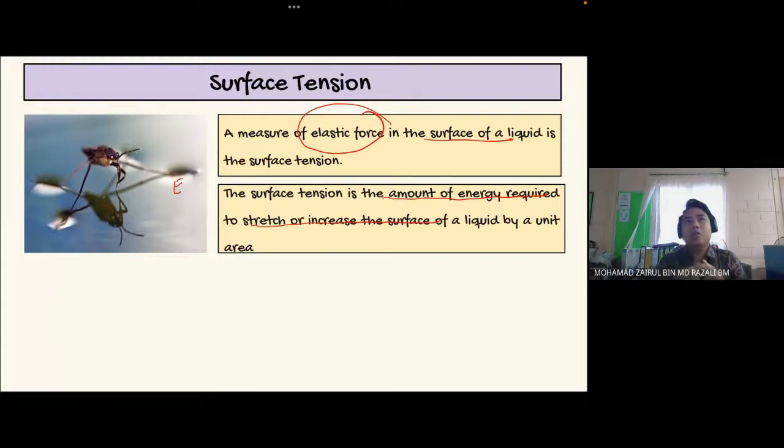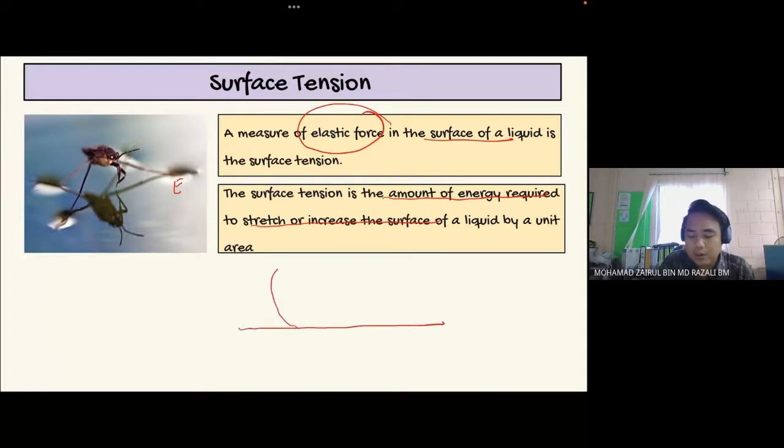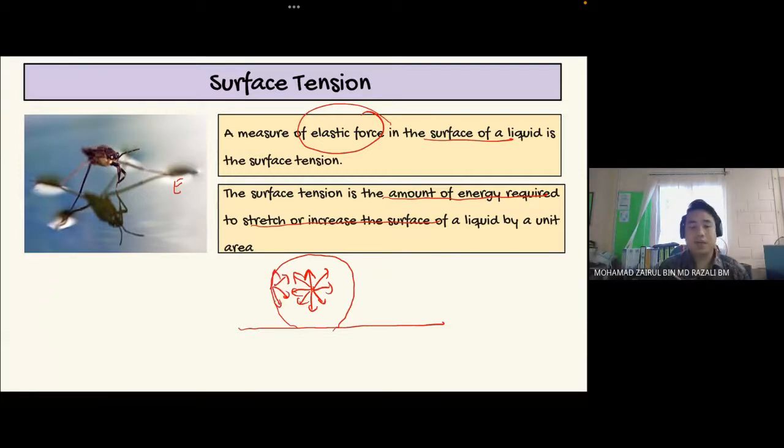Lagi satu, kalau awak cuba tikan air atas lantai, awak akan tengok air itu akan berbentuk macam almost spherical. Sebab apa? Sebab dekat dalam liquid ini kita ada intermolecular forces yang acting in all direction, tapi dekat surface kita ada intermolecular forces yang macam ni.